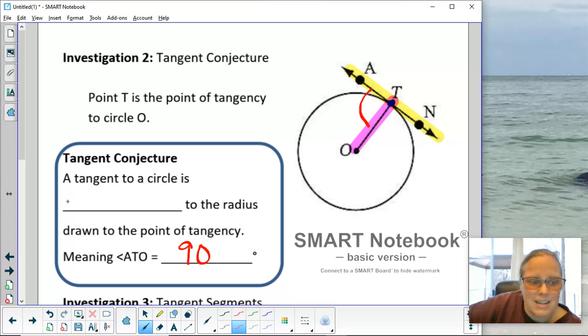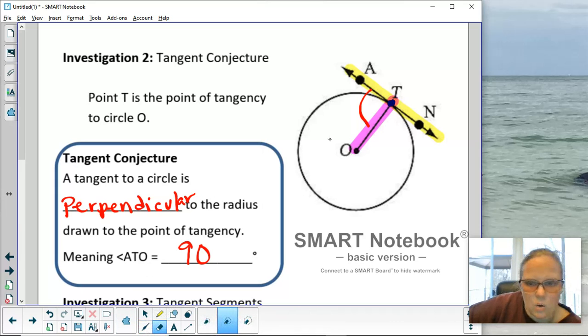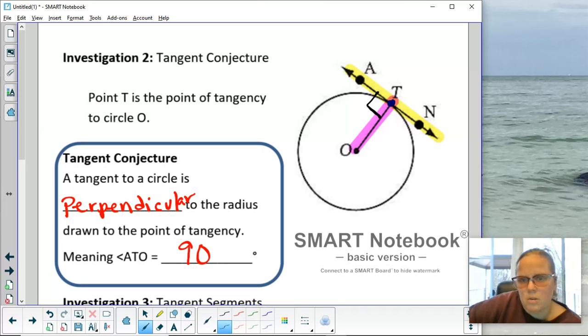And if it is 90 degrees, that means it is perpendicular. So anytime you have a radius connected to a tangent at the point of tangency, it creates a 90-degree corner or a right angle. So I'm going to draw in a 90-degree box to represent that 90-degree corner.